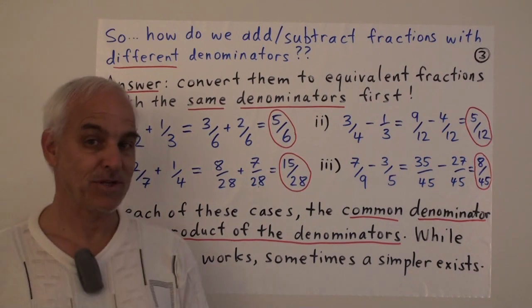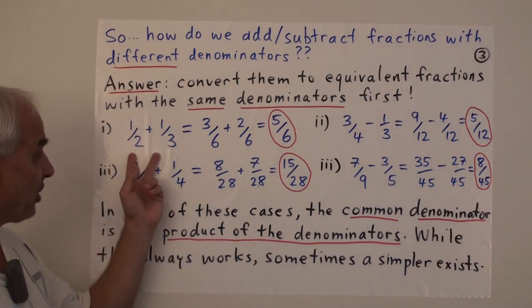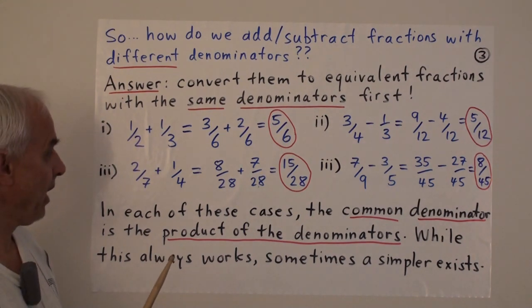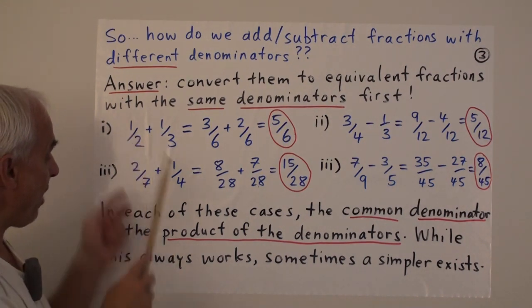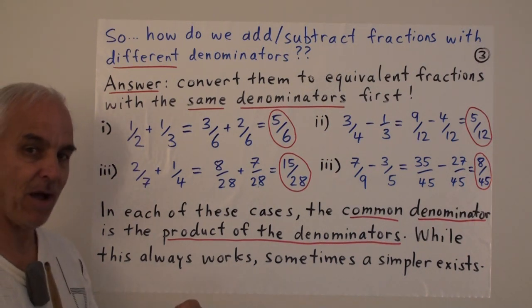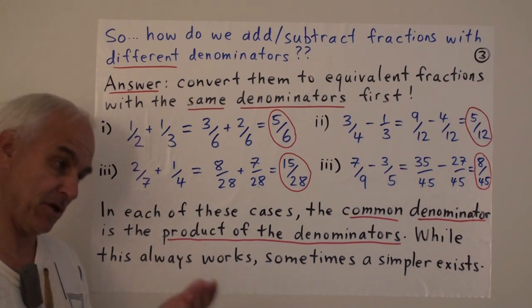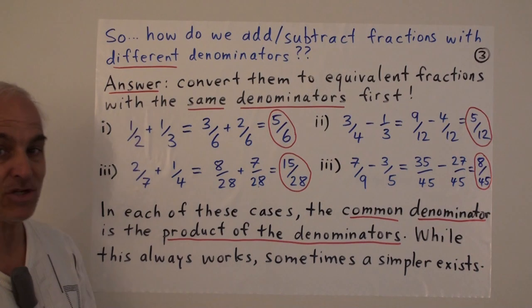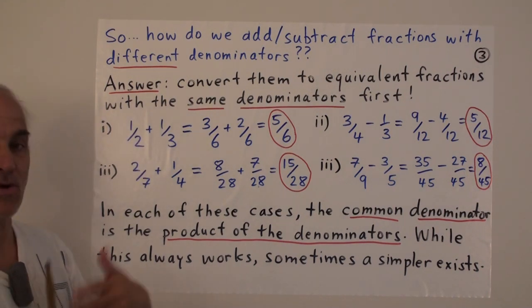But what we're going to do is convert each of them into a fraction whose denominator is 6. And we can do that with 1/2 by multiplying the top and the bottom by 3. Remember that when we multiply the top and the bottom, in other words the numerator and denominator, by the same number, then the fraction doesn't change. We get what's called an equivalent fraction.